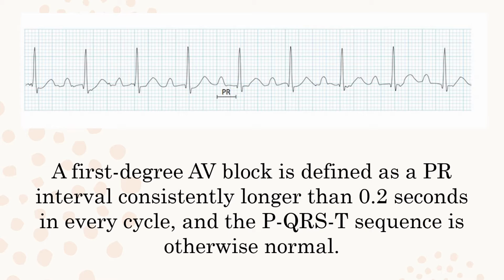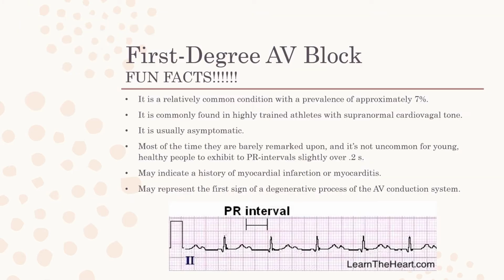And what that means is there is a longer delay between atrial and ventricular repolarization. There's a 1-to-1 ratio between the P waves and the QRSs in first degree AV block, and that is different than second and third degree AV blocks. So it's relatively common, with a prevalence of approximately 7%, and where you typically see it is in highly trained athletes that have extremely supernormal cardiovagal tone.